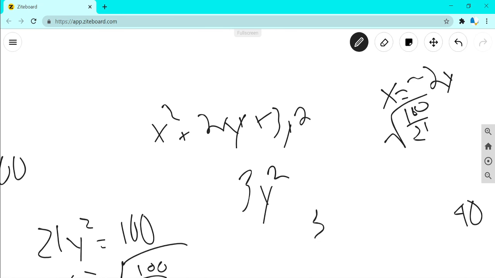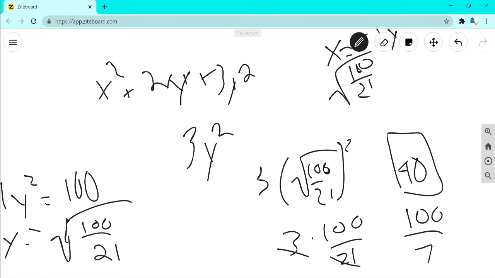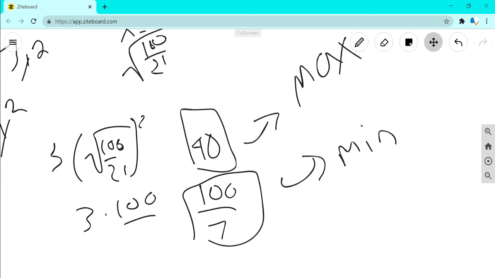So that's 3 times the square root of 100 over 21 squared, which is 3 times 100 over 21, which is just 100 over 7. So we got this, and we know that 40 is greater than 100 over 7, so 40 is the maximum value, and 100 over 7 is the minimum value.